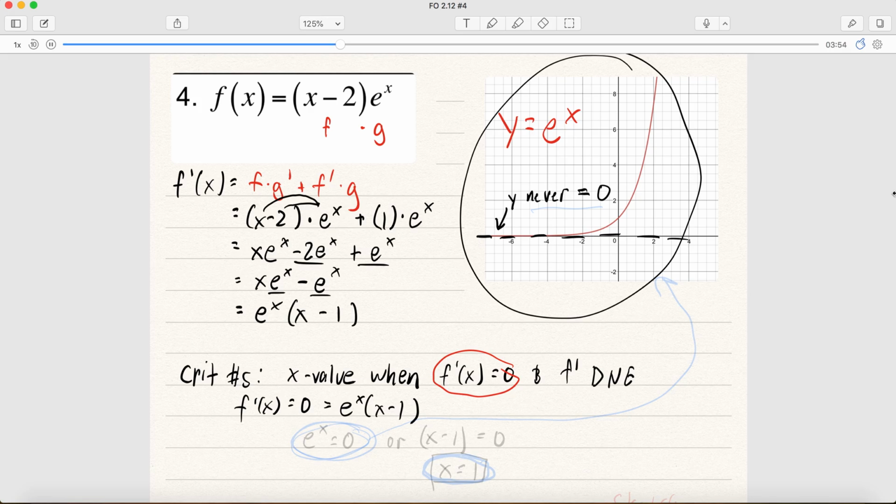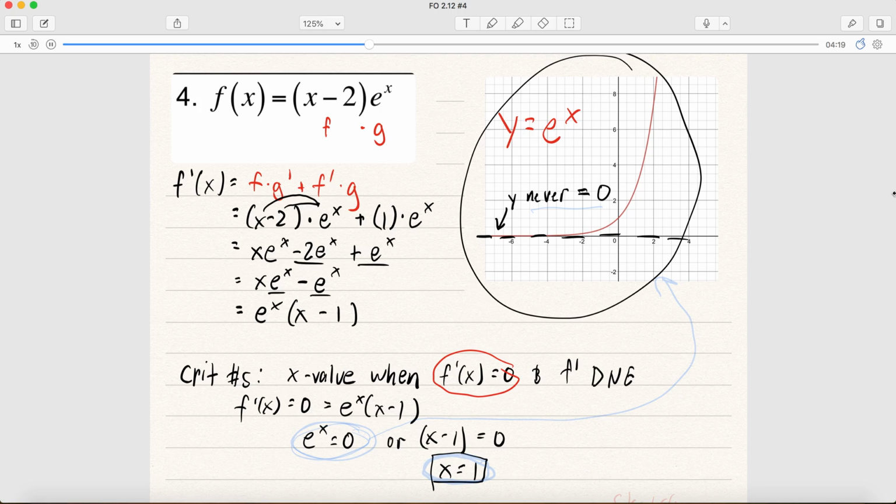What's nice is that it's already in factored form, so I know that I can separate the two factors and say, okay, then e to the x equals 0, or x minus 1, the other factor, equals 0. Now, I'll do the right one, x minus 1 equals 0. I already know that's going to be x equals 1 for sure. That is a critical number. But let's look at e to the x equals 0.